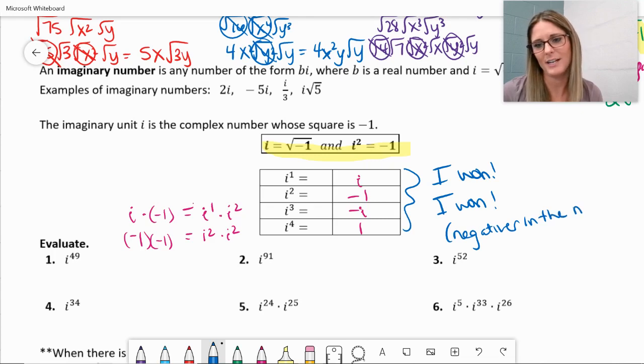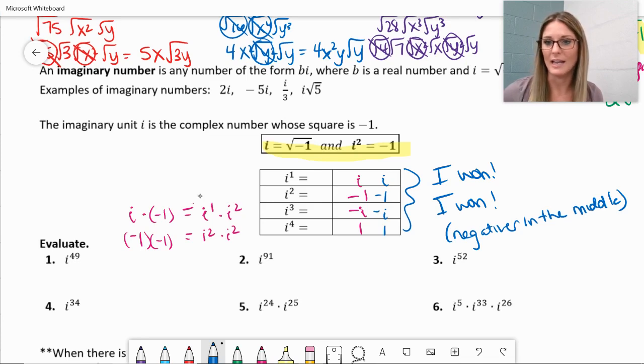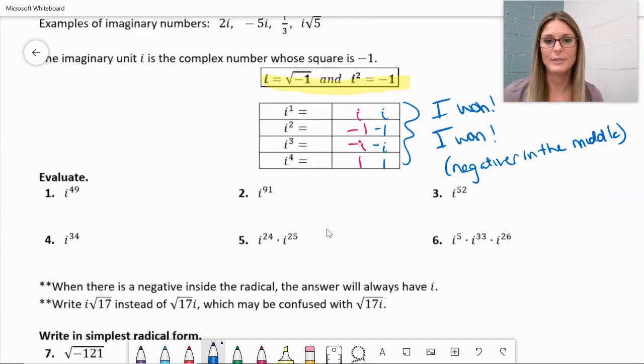Writing it on my notes here: you've got an i, and then a 1, and then an i, and then a 1, and the 2 in the middle get negatives. That's going to be your memorization tool. When I do problems with you, I'm going to write it off to the side, i, 1, and put negatives in the middle for i to the first, i to the second, i to the third, i to the fourth. If you can memorize those, you can do these problems below. So we are going to use that to answer these questions.